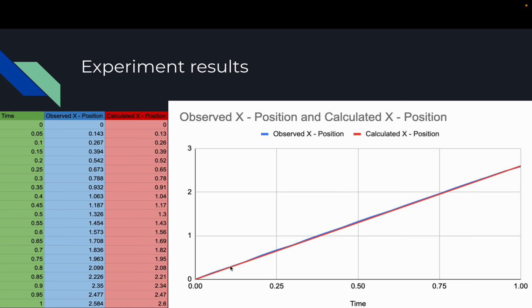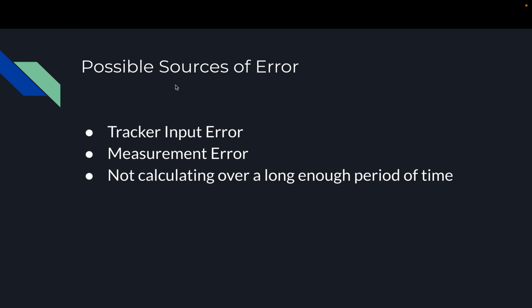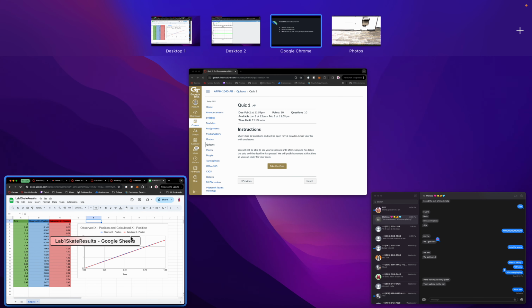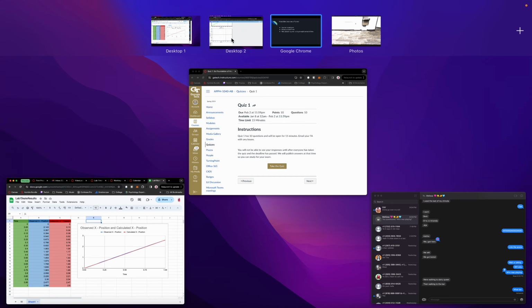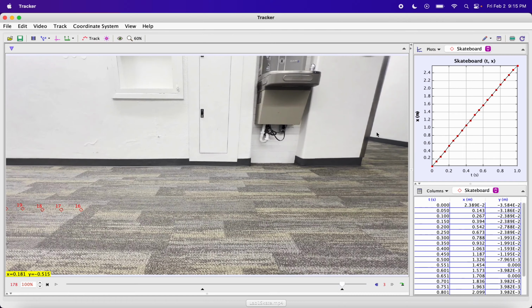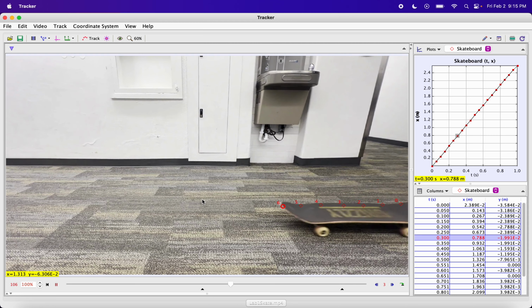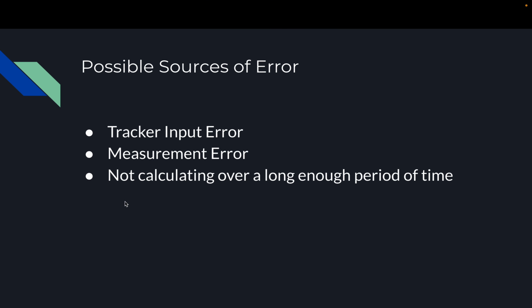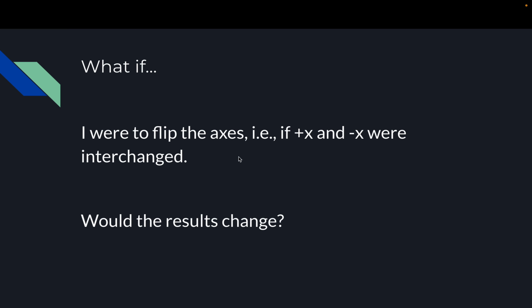There's little variation, but as you can see, there's a little bit of variation of the observed position, and this could be possible sources of error, like Tracker input. As you can see, it isn't necessarily perfect, so that could be adding to that, and measurement error and not calculating over a long enough period of time.